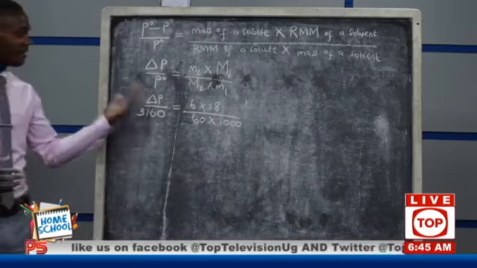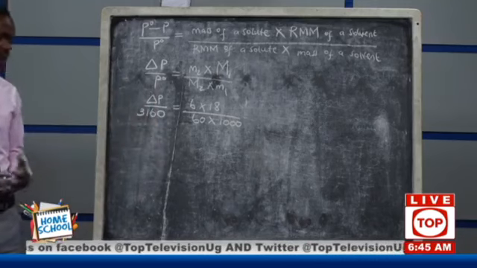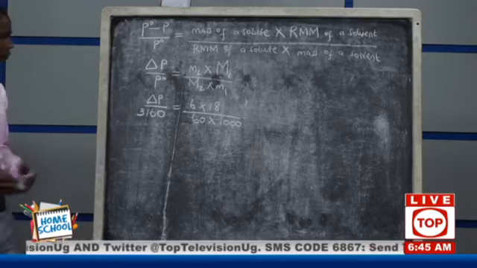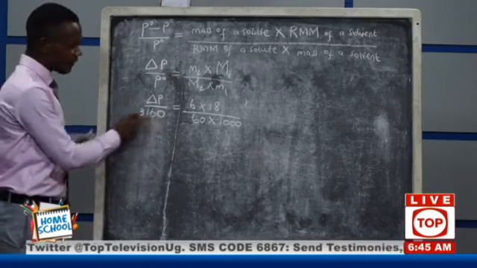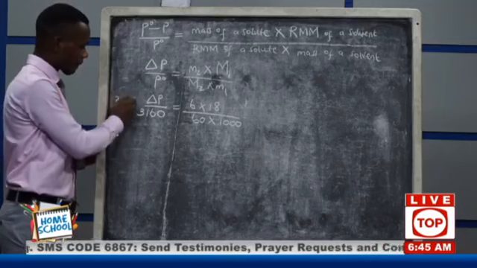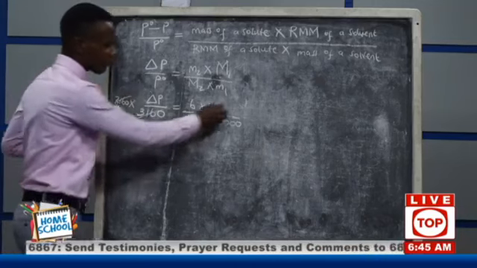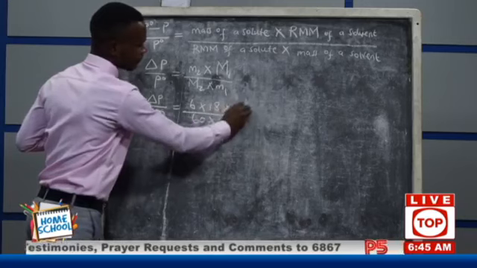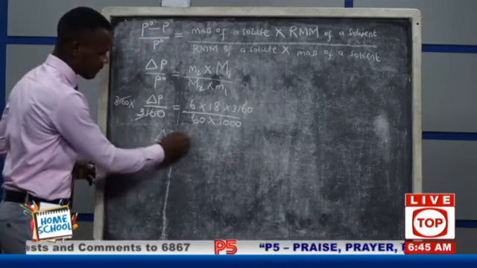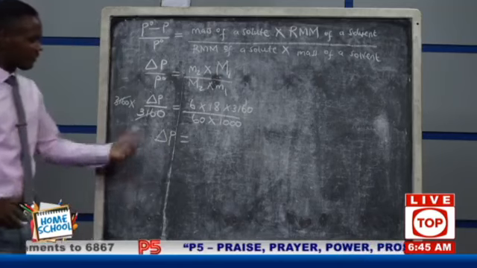You can see that it is a very simple calculation once you understand the basics. So what do we do here? We multiply this one on both sides, according to mathematics, and you cancel it out. So we get the change in vapor pressure.